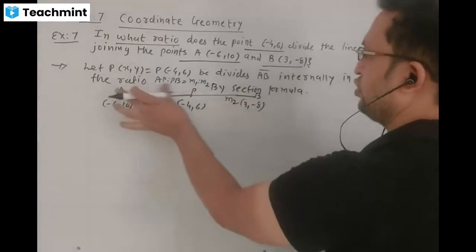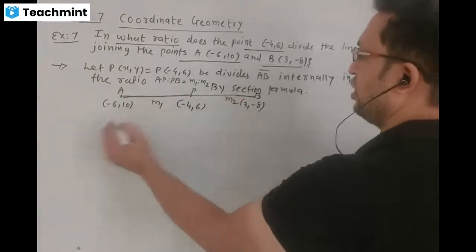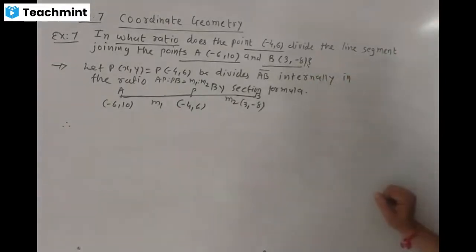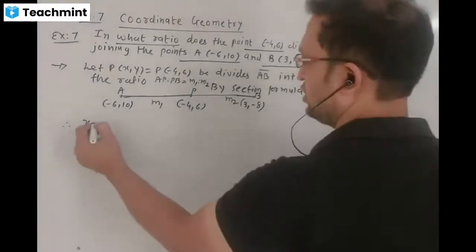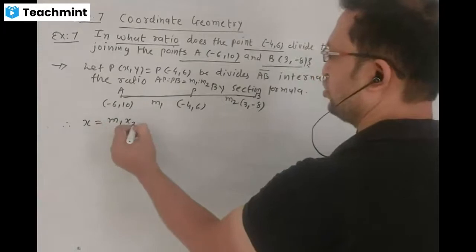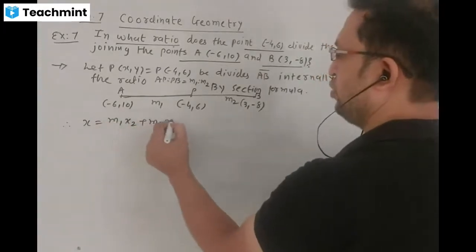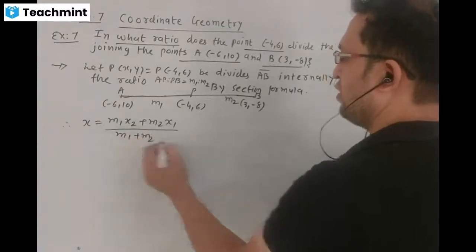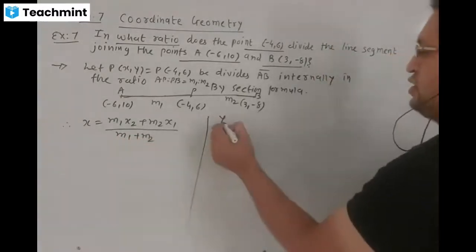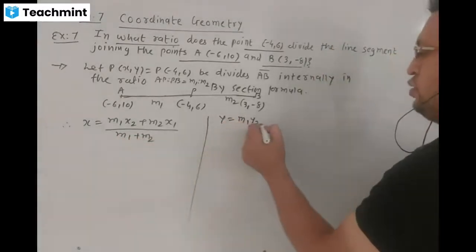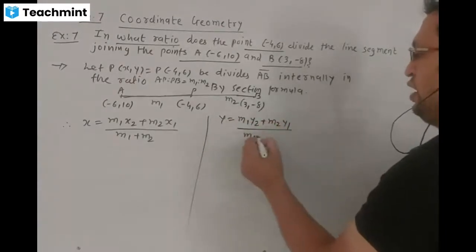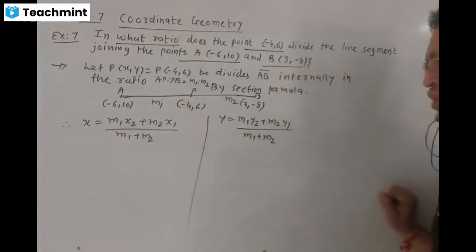Section formula. Either we apply the x formula, otherwise y. x is equal to m1 x2 plus m2 x1 divided by m1 plus m2. Otherwise we apply y is equal to m1 y2 plus m2 y1 divided by m1 plus m2.